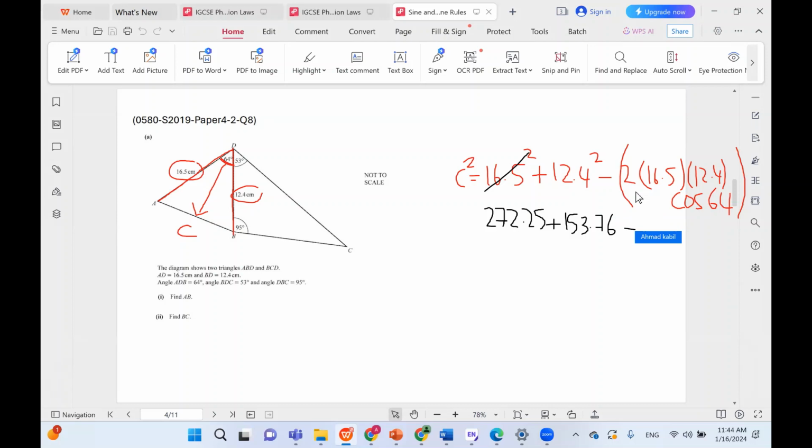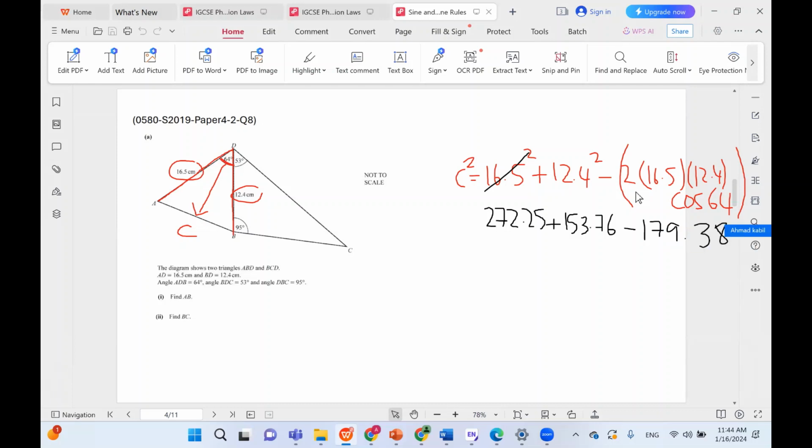Minus, and then we evaluate the term in the bracket as one term. You just do 2 times 16.5 times 12.4 times cosine 64, and you get 179.38.